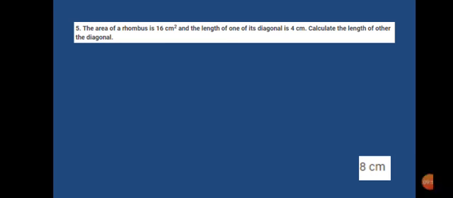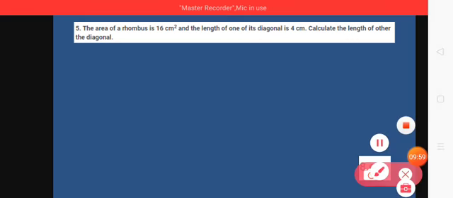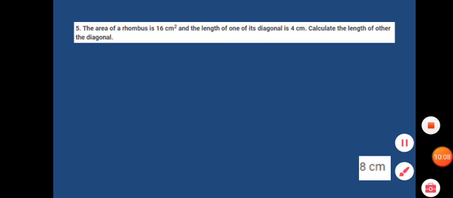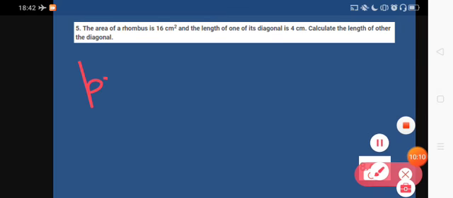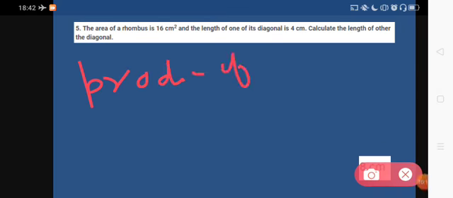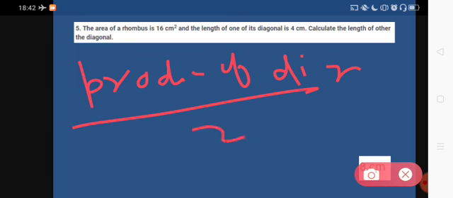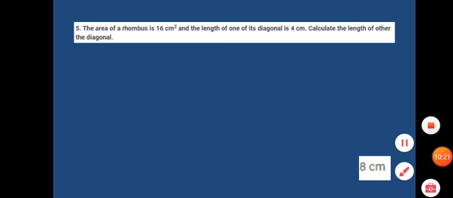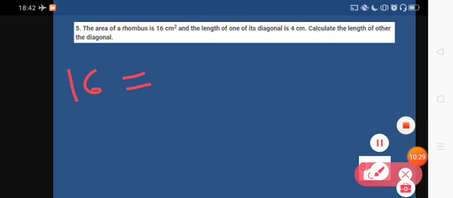Now what will be the area? Area of rhombus will be the product of diagonals upon 2. Here area is given, so on the left side we will put 16, is equal to product of diagonals.